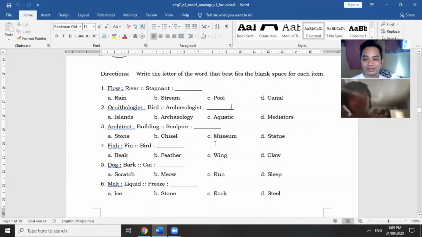If you have other thoughts about the answers of your classmates who are joining the session by now, please raise your hand as well. I mean, you can butt in and speak something about it. Okay, an ornithologist is an occupation or a profession responsible for checking birds. How about archaeologists? What are they responsible for?